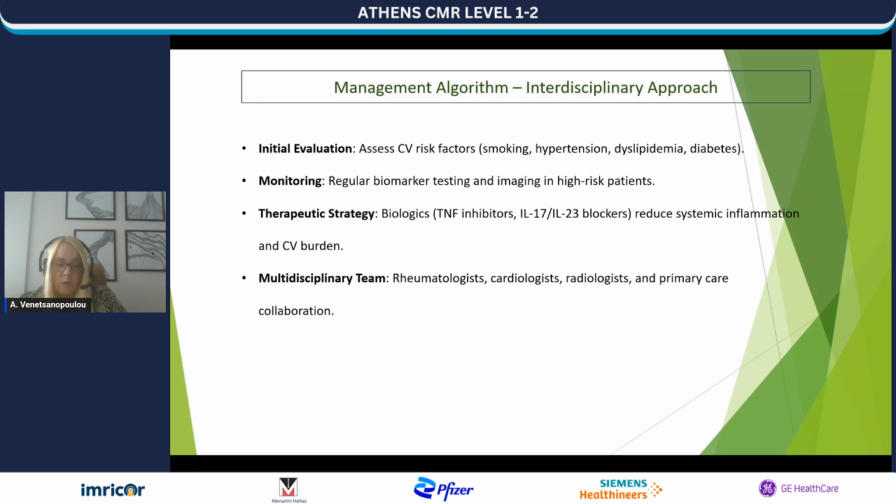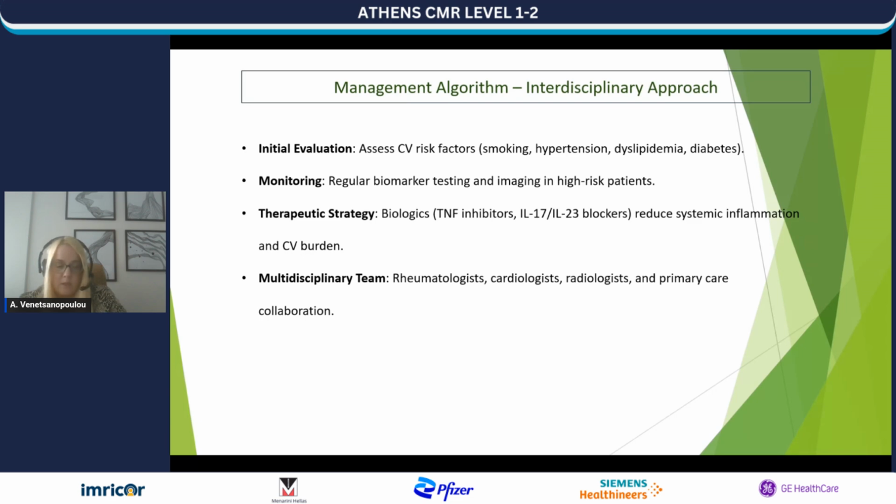We start by looking at traditional cardiovascular risk factors: smoking, high blood pressure, high cholesterol, and diabetes. Identifying this risk earlier gives us the chance to intervene before serious complications develop. Some patients, we know, are particularly at high risk. These are individuals with multiple risk factors, those with long-standing or severe arthritis, patients who have had long-term use of steroids or NSAIDs, or those with family history of heart disease.